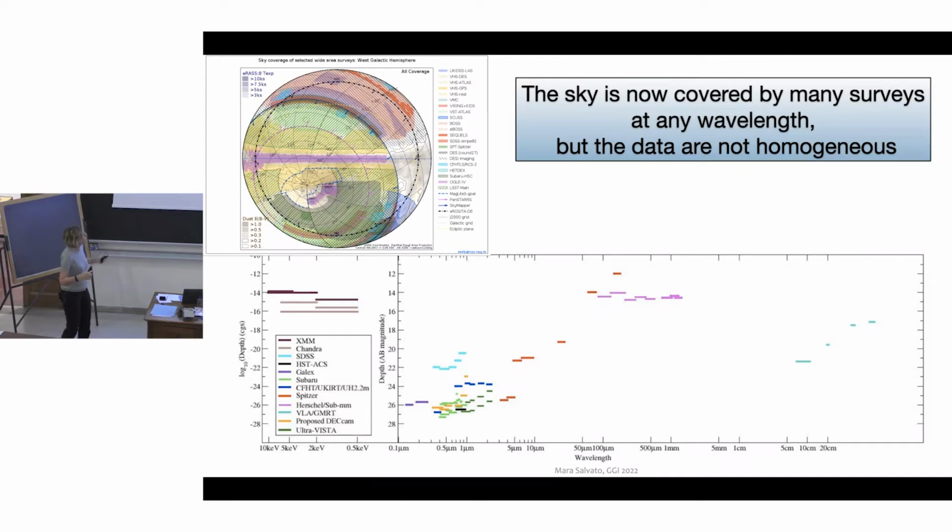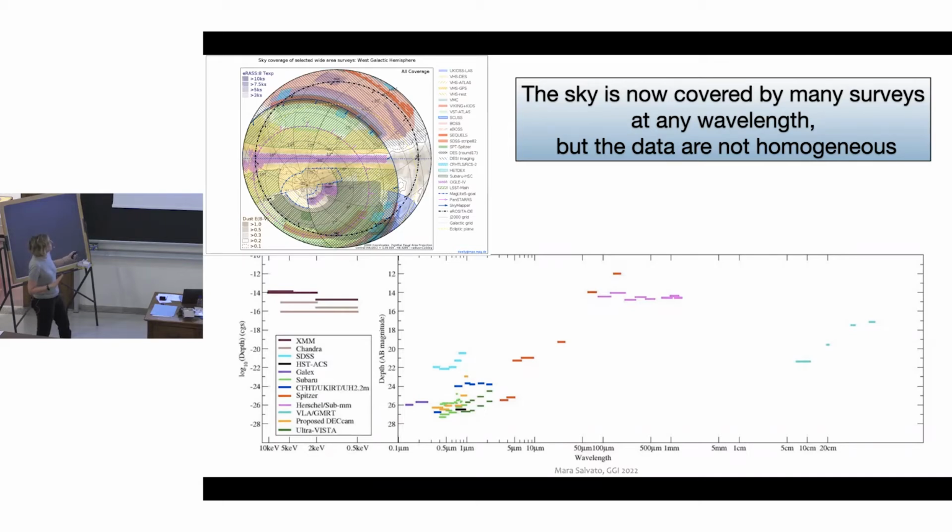But as you see from this plot, the length of the line indicates the width of the filter that's been used. And we go from UV, X-ray to radio. And the height in this plot tells you how deep the data are.